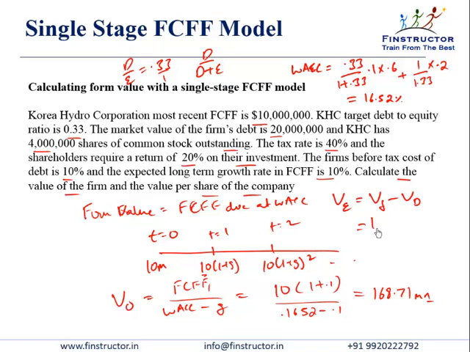Value of the firm we calculated as 168.71 million minus the value of the firm's debt, and remember we must take the market value, is $20 million, because if today I want to retire the debt, I want to buy this company and pay off the debt, I will have to pay the market value. So this will give us the value of equity, and to compute the per share we need to divide it by the number of shares, that is 4 million, which will give us the per share value of the equity as approximately $37.18 per share.